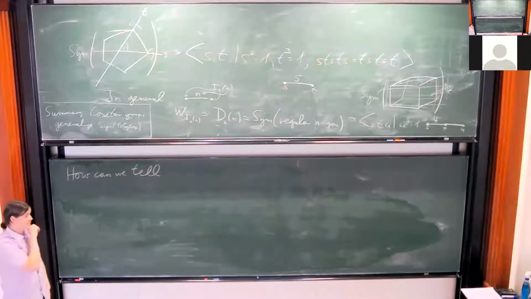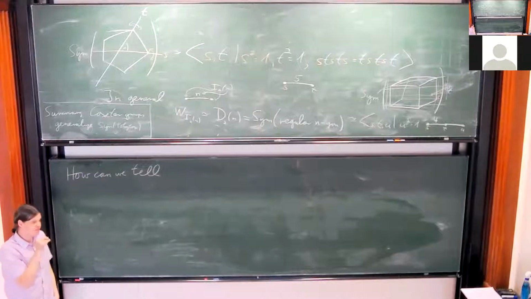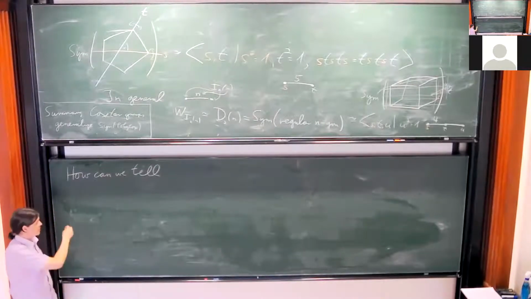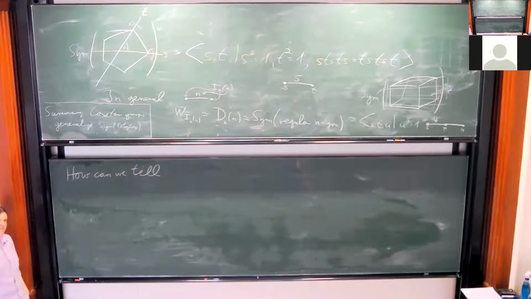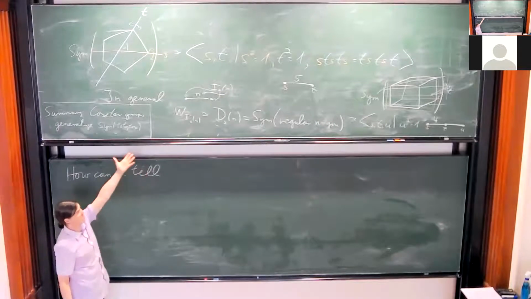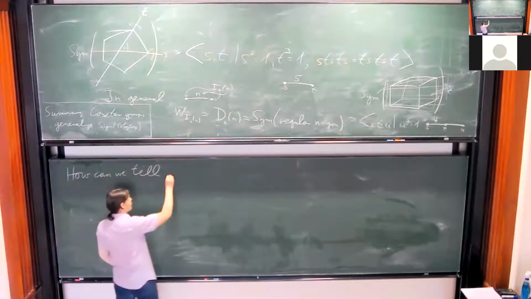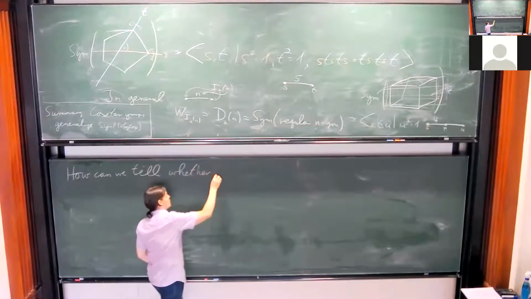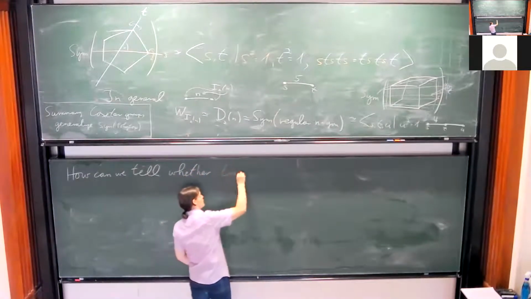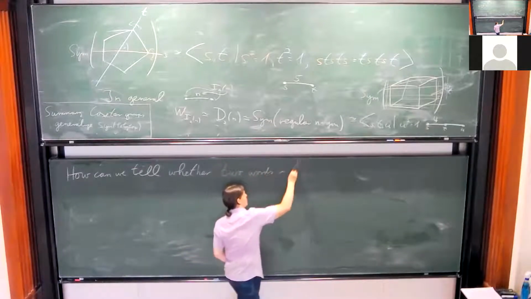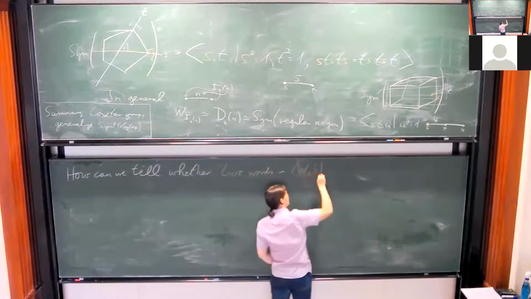Combinatorial objects have the nice advantage that they're usually very easy to write down. They're easy to explain. You can sit down and do calculations. But sometimes they're a bit tricky. So for instance, how can you tell, just combinatorially, whether two words in my Coxeter system are the same?